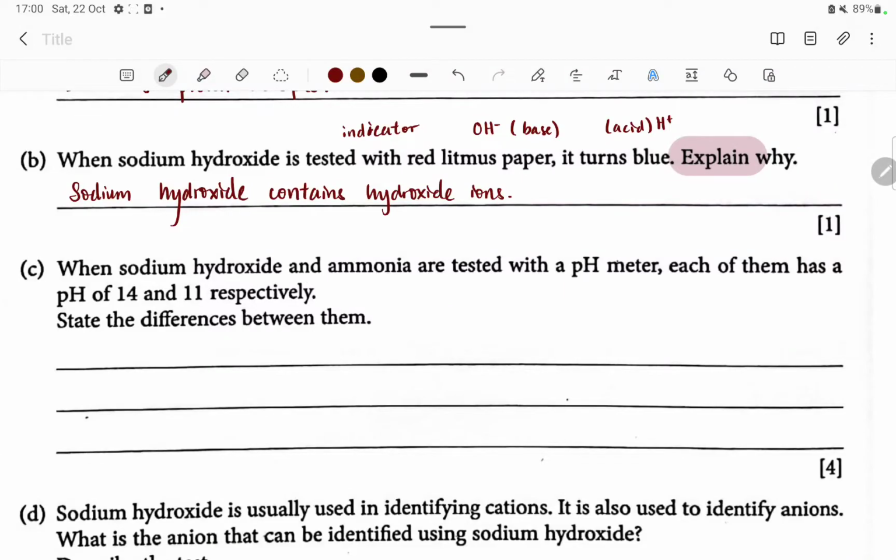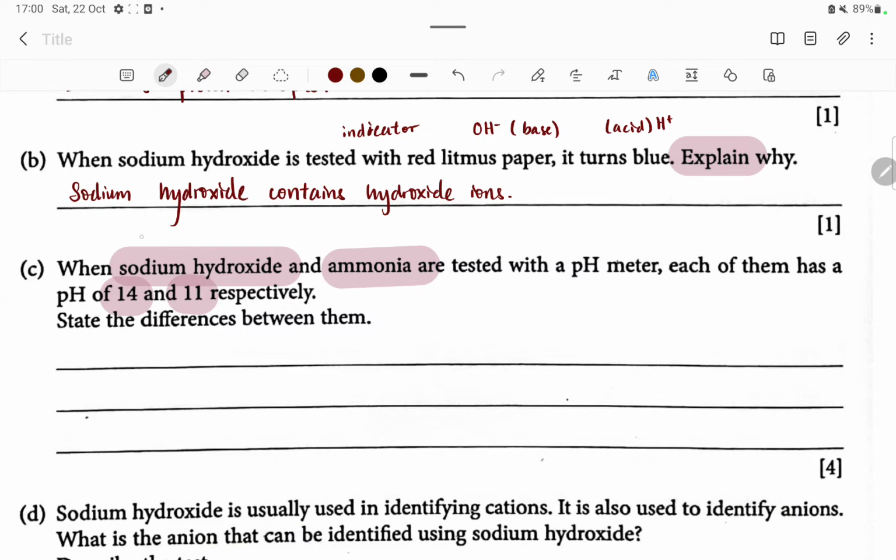When sodium hydroxide and ammonia are tested with a pH meter, each of them has a pH of 14 and 11 respectively. So sodium hydroxide 14, ammonia 11. So this one, the pH is higher.